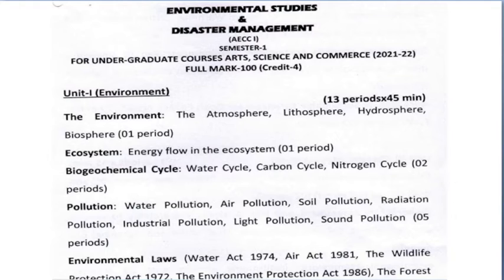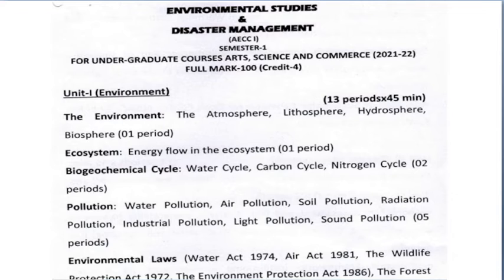Okay, so now come to the content. This paper consists of 4 credits, meaning the full mark is 100. After completion of this syllabus you will appear in two examinations. One is the midterm examination, another is the end term examination.